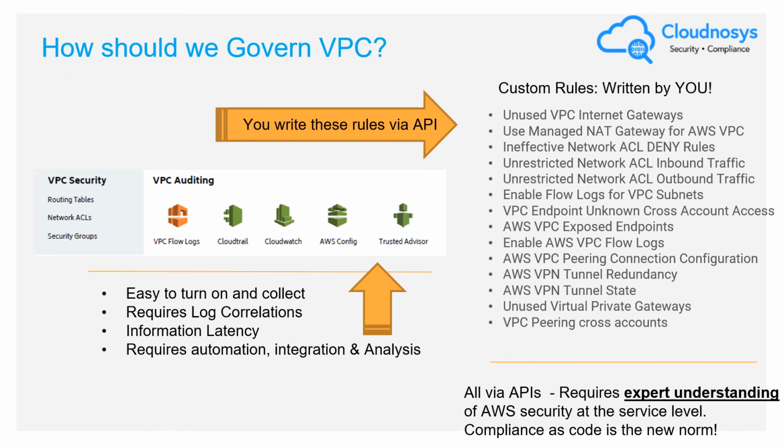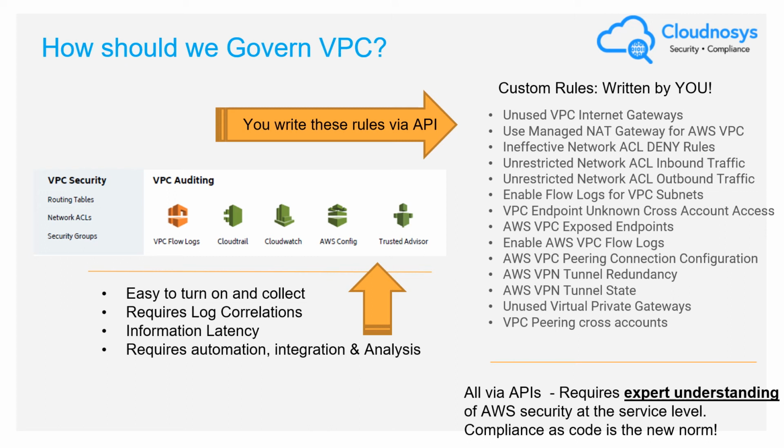Same thing. If you were to say, how do we govern our VPC? Okay, this is our perimeter. Well, same way, you got to write these policies. Are there unused VPC internet gateways? Are there VPC peering going on across AWS accounts? Are the flow logs enabled for the VPC subnets? All these things you need to write.